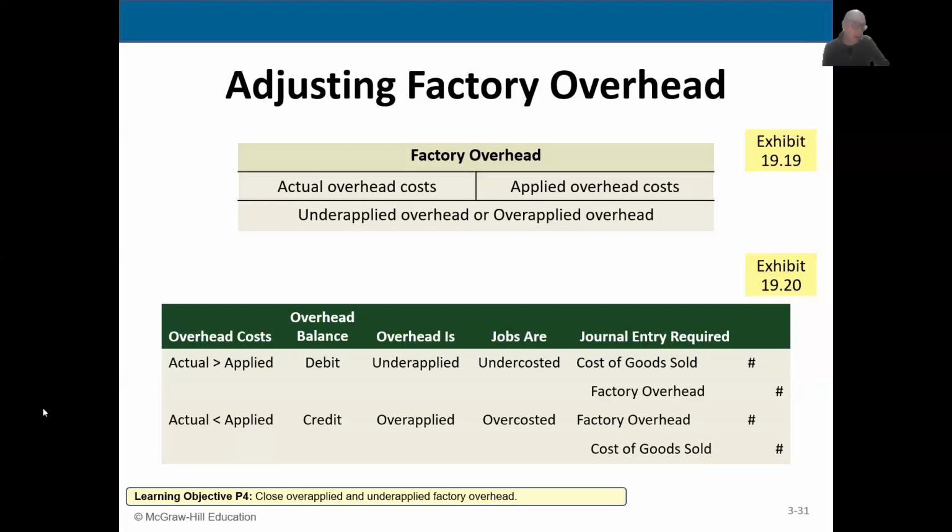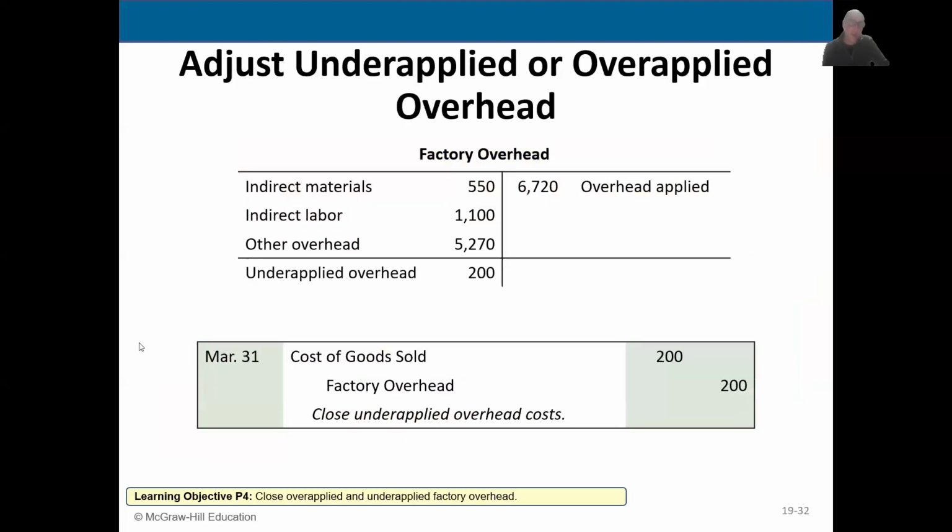Now, looking at our example, based off of the numbers that we had, here we debited cost of goods sold and credited factory overhead because we underapplied our overhead costs. Now, how did we figure that out? How did you know it was over or under?